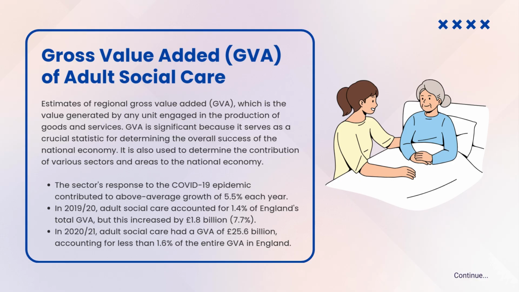In 2019 to 20, adult social care accounted for 1.4% of England's total GVA, but this increased by £1.8 billion, 7.7%. In 2020 to 21, adult social care had a GVA of £25.6 billion, accounting for less than 1.6% of the entire GVA in England.